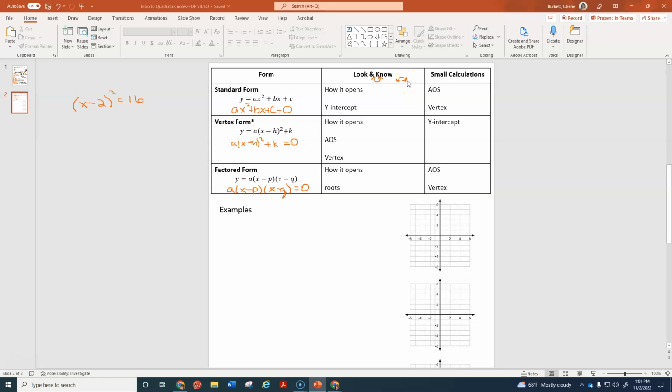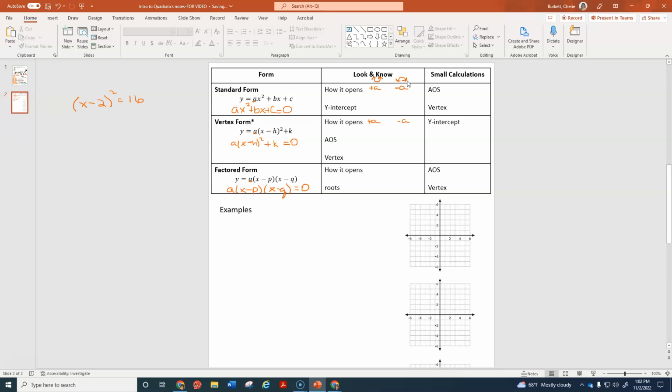And the way that you can tell by looking at an equation is by looking at the sign of A. When you have a positive A, it's opening up. When you have a negative A, it's opening down. And that's true on every single form. A positive A means it's opening up.